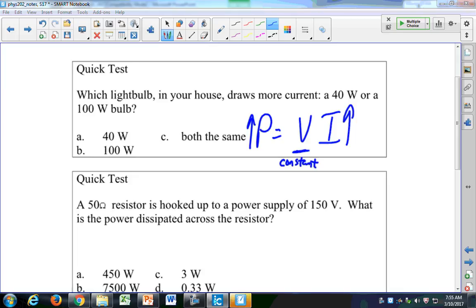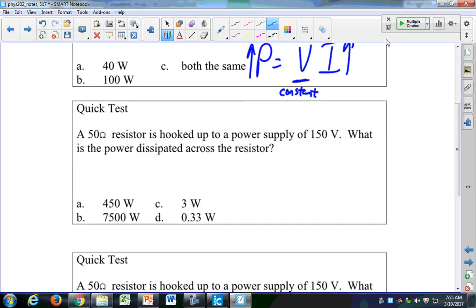So if something gives off more energy, I must have more electrons. My 100 watt bulb is going to have a larger current. In fact, 100 over 40 times the current, 10 over 4, what's that? 2.5 times the current that a 40 watt light bulb has. We'll see some more questions like that later.